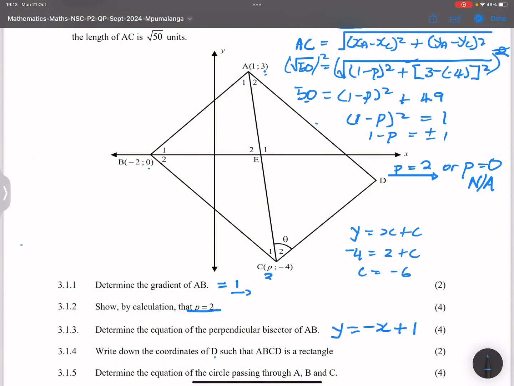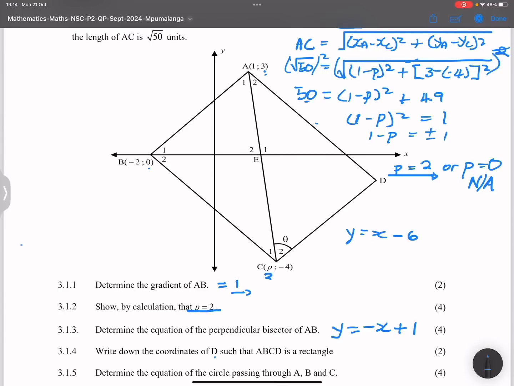Right, so the equation of CD is y is equal to x minus 6, right? So that's the equation of CD.